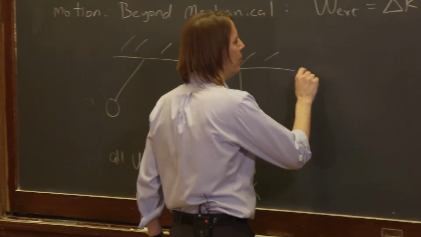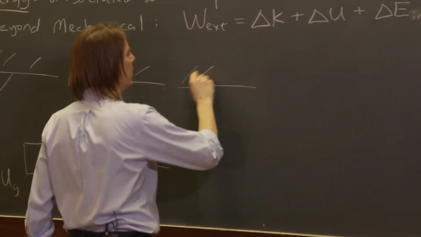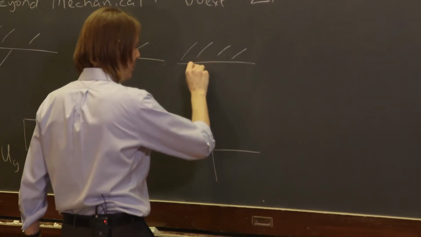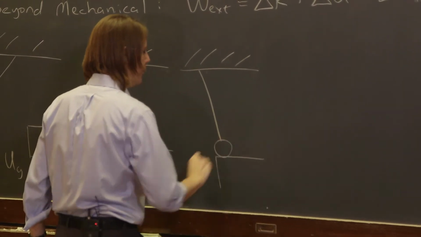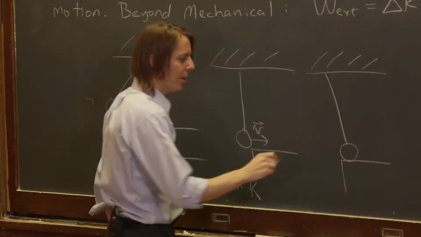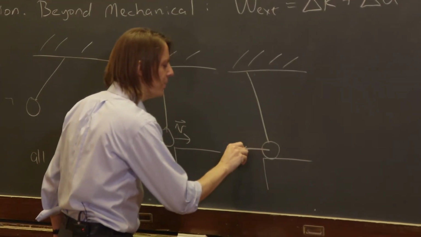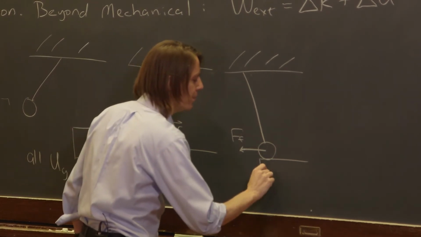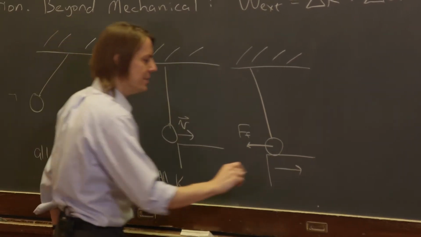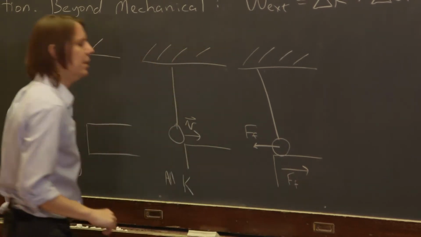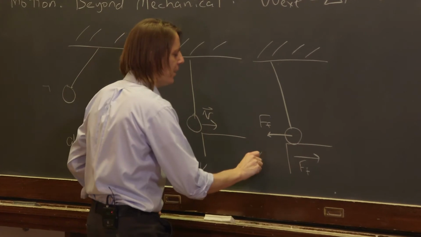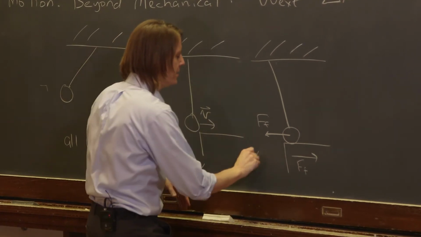And then finally, what happens here is it's moved onto the block a little bit, and it's feeling a friction force from the block. So there's a friction force like that, and the block feels a friction force from the mass, like this. They both feel a friction force, and it slides along the block with some delta x, like we've talked about, some displacement.